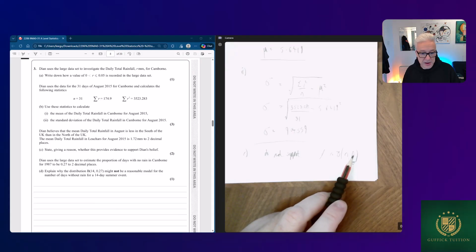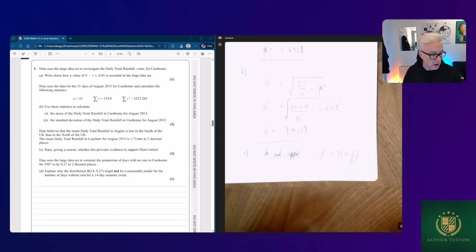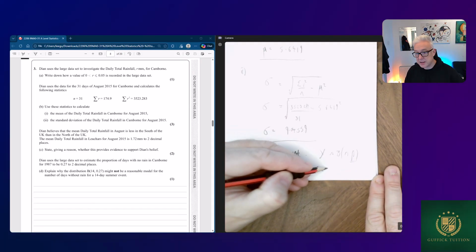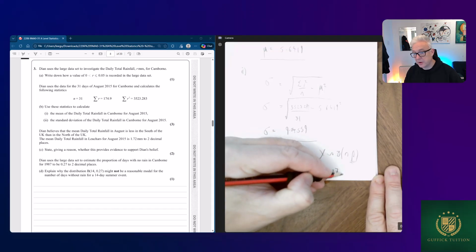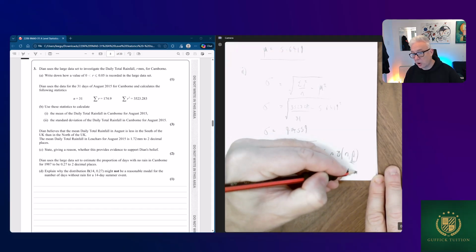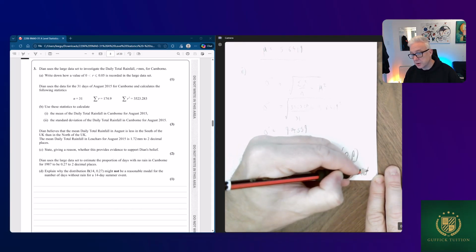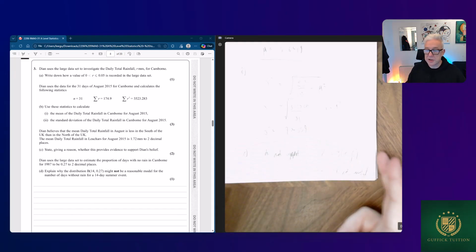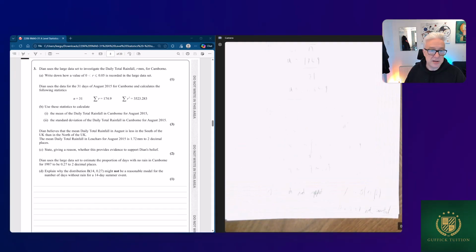So that's a reason why it's not suitable, because p equal to 0.27 is not going to be constant. So because that value is not constant, that's why it's not appropriate.